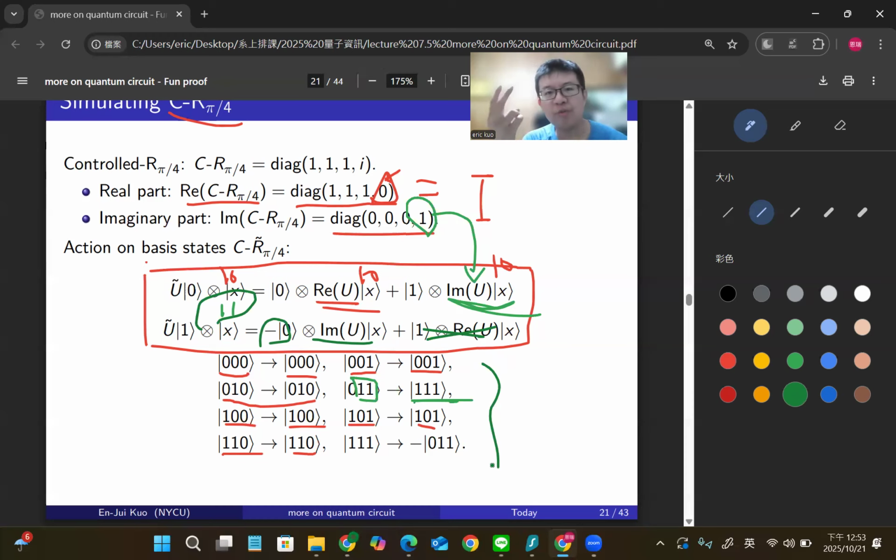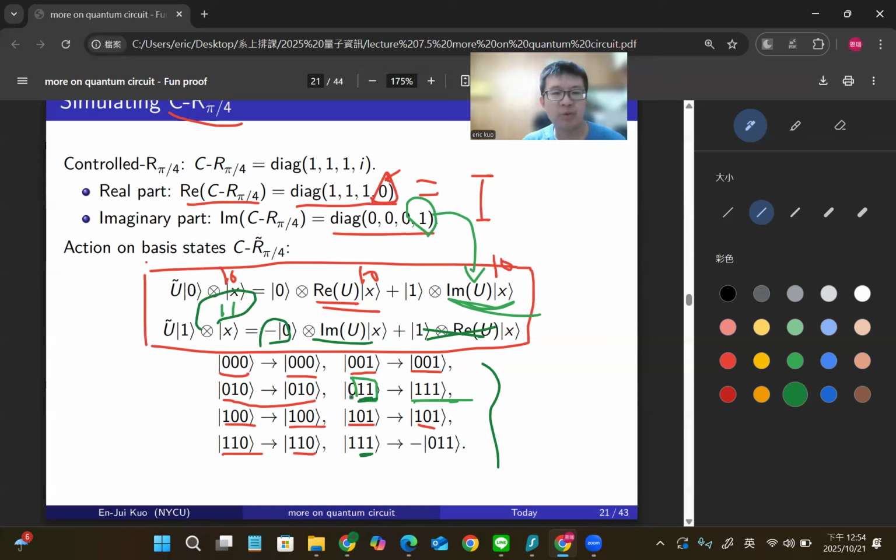Okay, so if you look at these eight different results, you can find that the final result is basically very simple. If the last two qubits are 1, then it applies a control Z gate on the first bit. So when the last two qubits are all 1, they apply control X and control Z on the first bit.